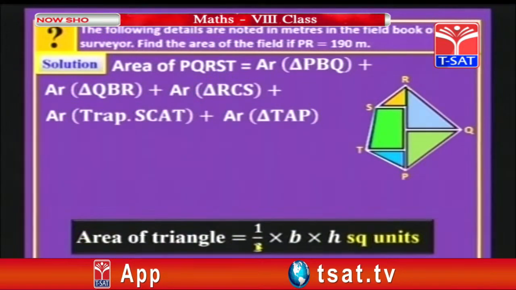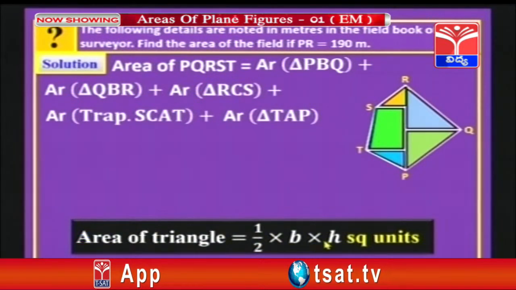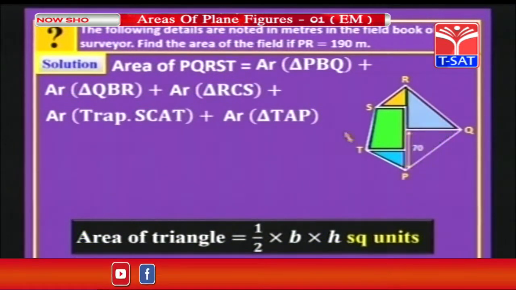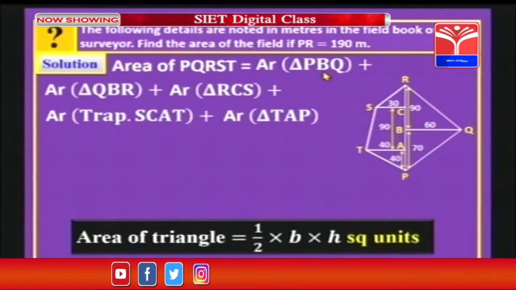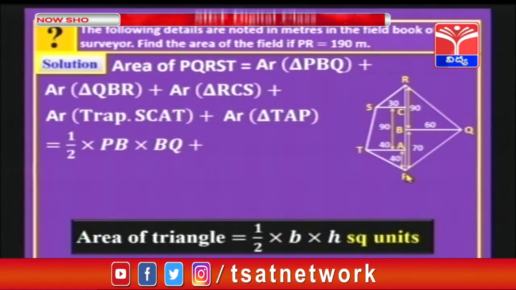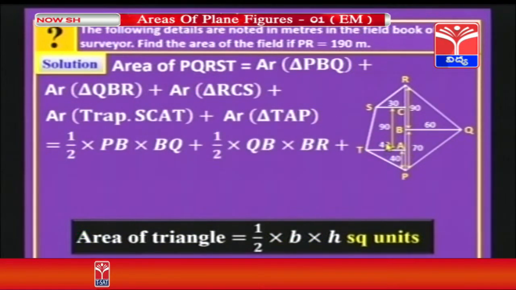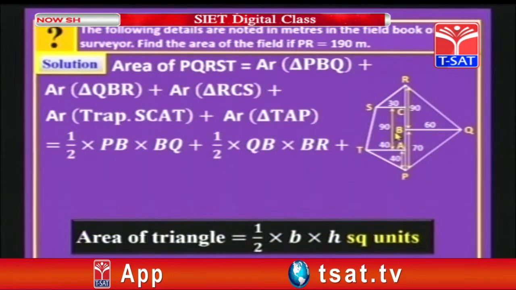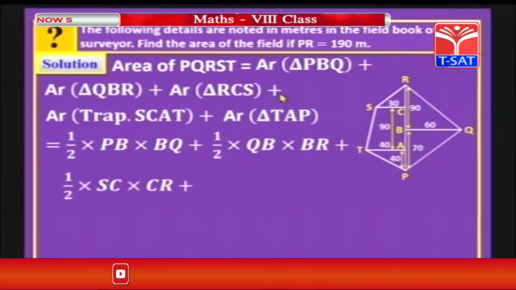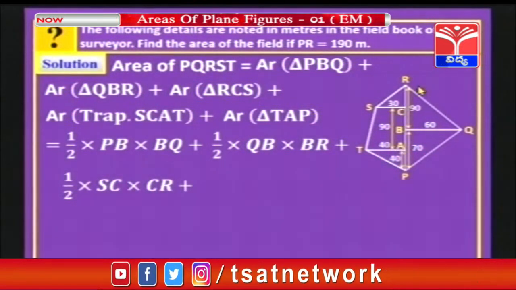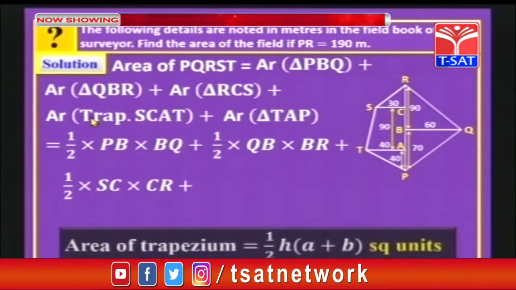So area of a triangle is half into base into height, square units. Now let us take triangle PBQ. So it will be half into PB into BQ. Then for triangle QBR, it will be half into QB into BR. Like that, for triangle RCS, it is half into SC into CR, and we have the area of the trapezium.